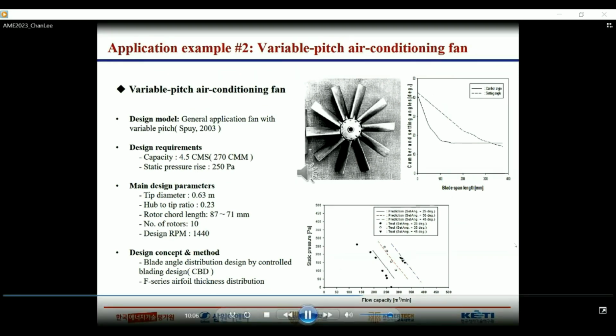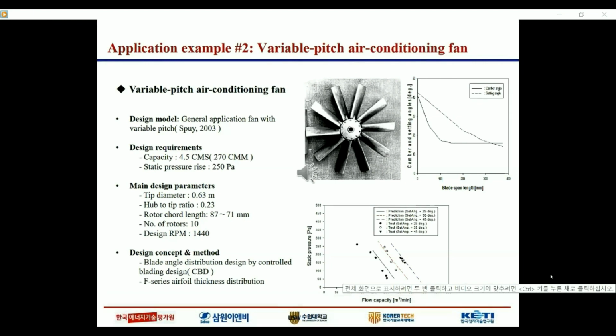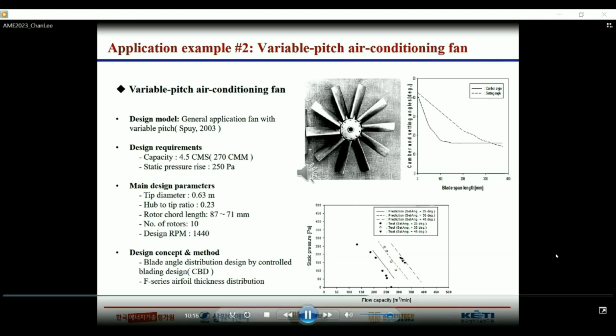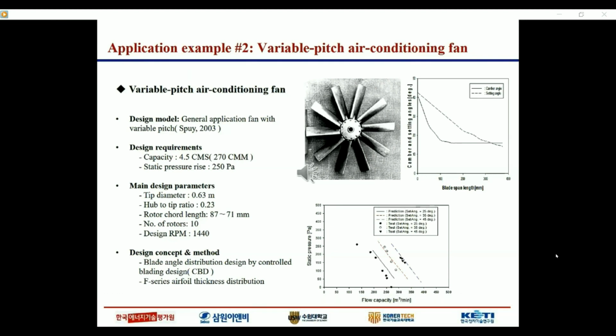Tip diameter is 63 centimeters. Chord length changes from 87 to 71 millimeters. And the RPM is 1440.